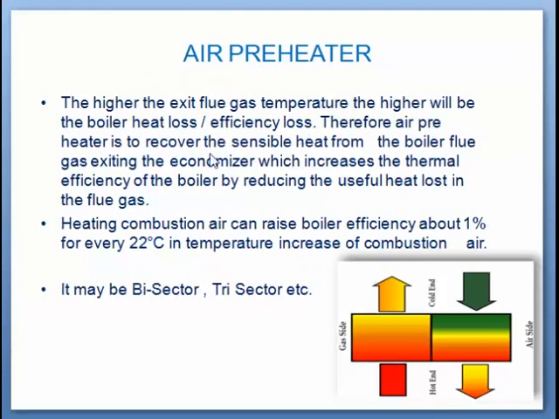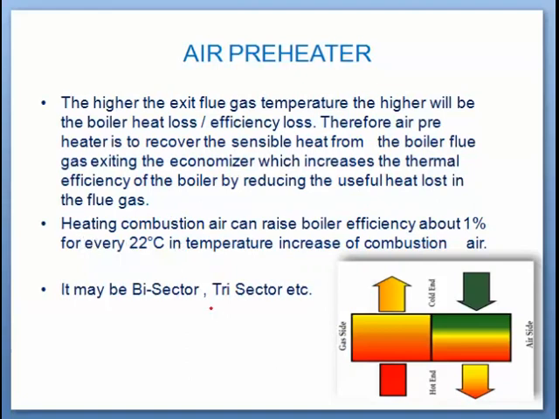Therefore, the air preheater is to recover the sensible heat. One thing you have to remember is that the air preheater only sensibly heats the air, because there won't be any phase change. Air always remains in a single phase, so heating will be sensible heating from the boiler flue gas exiting the economizer, which increases the thermal efficiency of the boiler by reducing the useful heat lost in the flue gas.